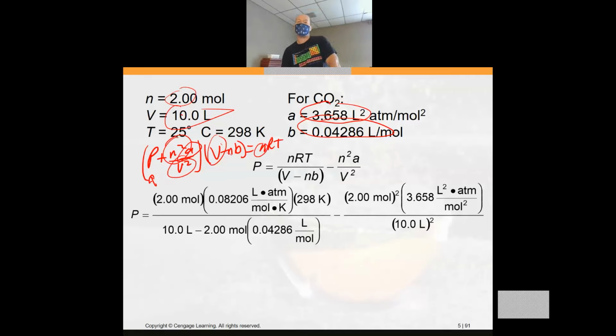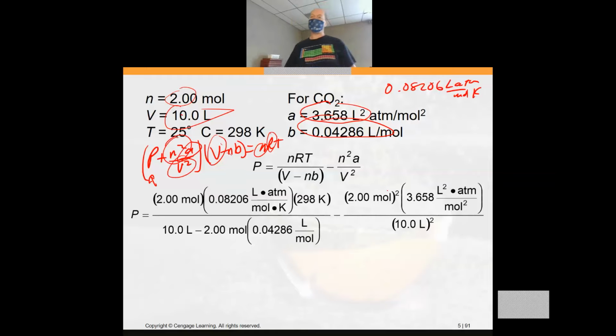Do not miss it for the wrong R value. In an ideal gas law, there's only one R value we ever use: 0.08206 liter atmosphere per mole Kelvin. If you use the joules per mole, you'll never get a pressure unit.